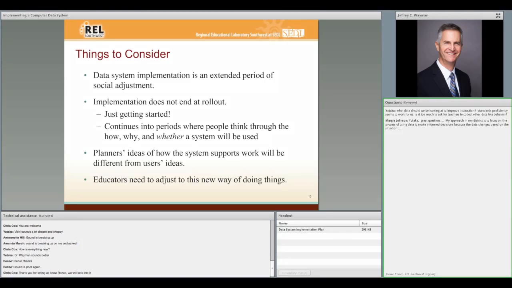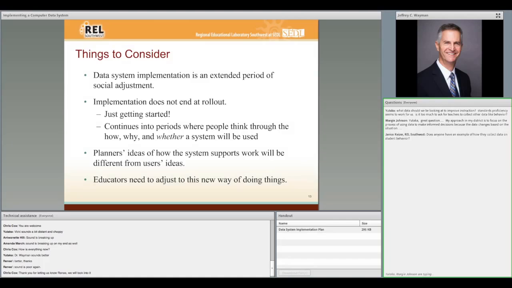That's when we really get to take this shiny new tool that we're also excited about, and we get to talk about how we're going to work with it. And so here's what happens. If you're going to account for the people side of it, then you're going to look at your implementation as something that, once it gets rolled out, is going to continue through this process that people are going to be going through, where they think through how they're going to use this system.